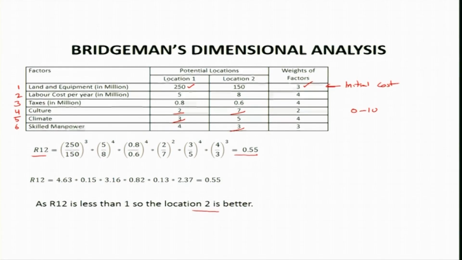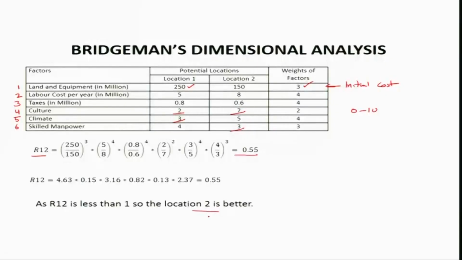The only limitation of this technique is that at a time we can compare only 2 locations, whereas in our previous methods, the Brown and Gibson method, decision matrix and break-even analysis, we were able to compare as many locations as we have considered in one single go. Here we have to consider them in pairs.